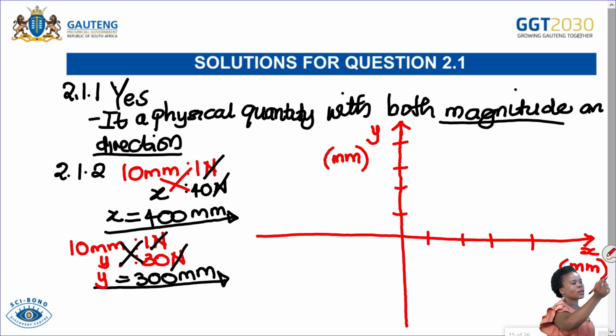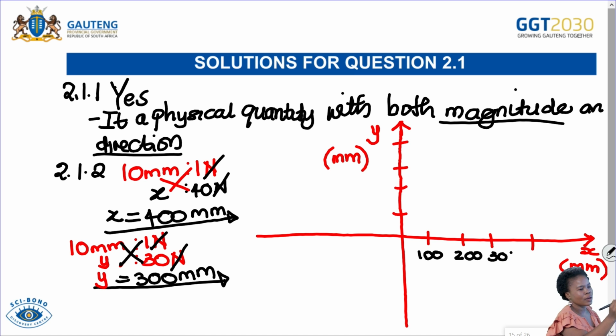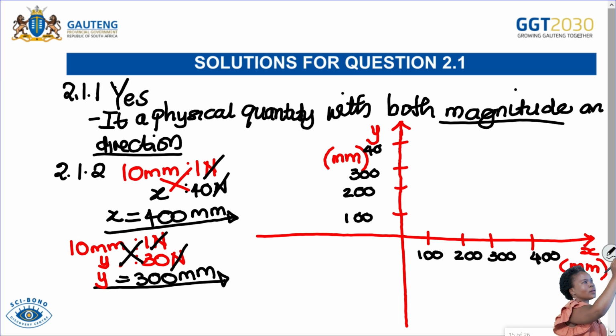Let's write the numbers using a different color. The point of intersection will be your 0, and then your 100, your 200, your 300, your 400. Same thing goes on this side: your 100, your 200, your 300, and your 400.